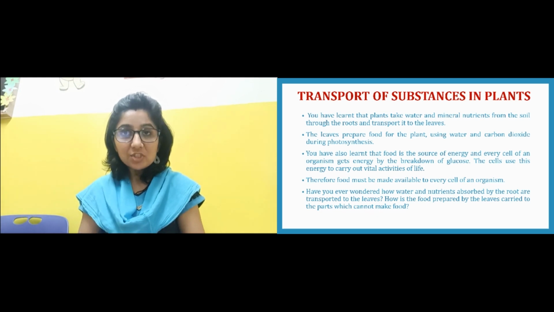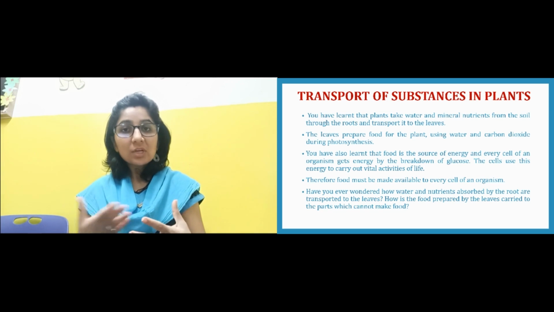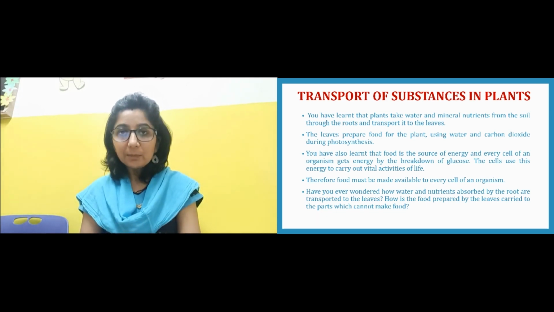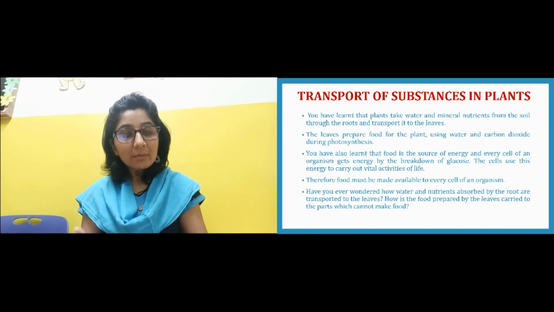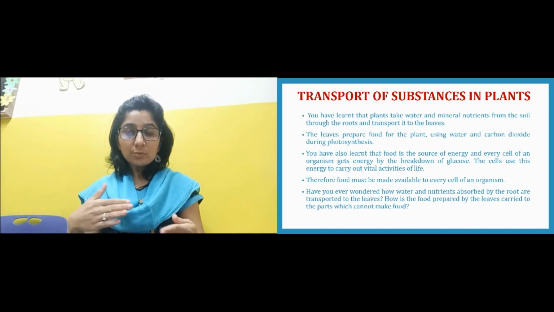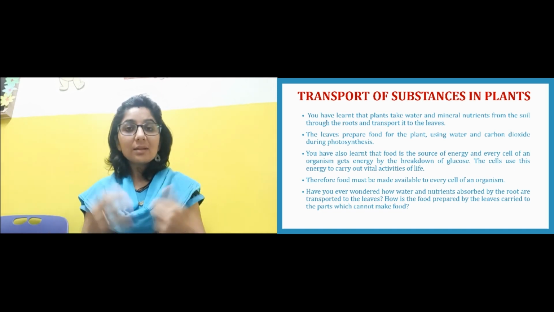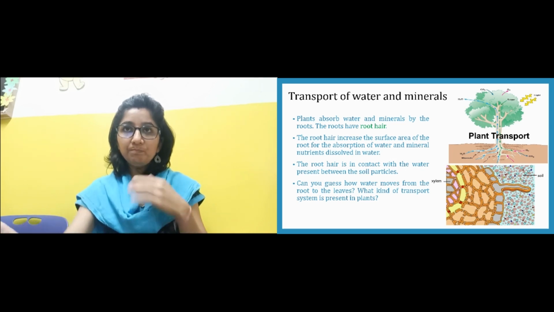It will need energy, and to get this energy, the food should be transported to every cell. Like the cell gets energy by the breakdown of glucose, that glucose has to be supplied to every cell of the plant. And how will the water and minerals taken by the root be supplied through the stems, through the branches, and till the leaves? This is what we need to see in this topic.